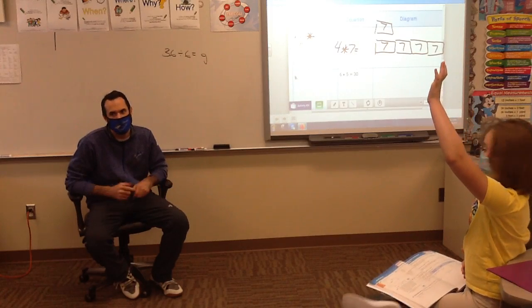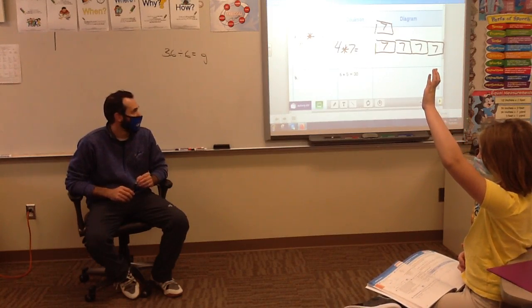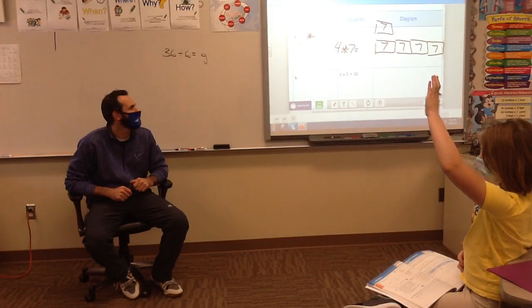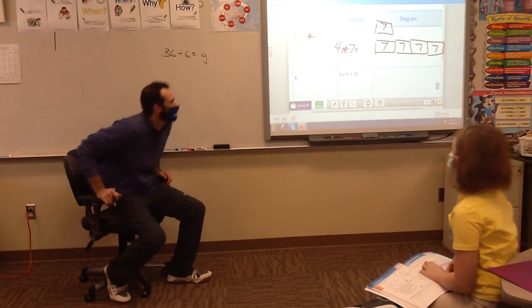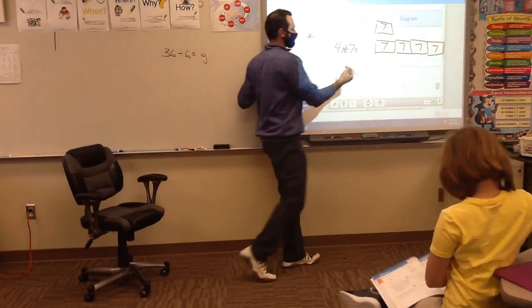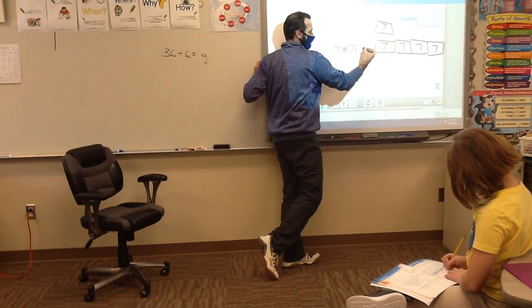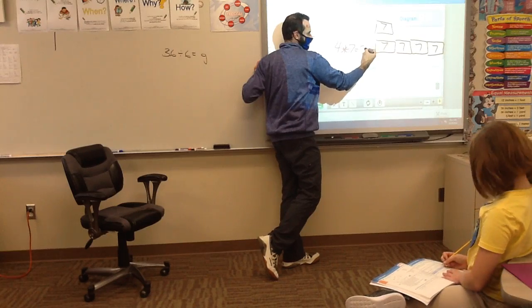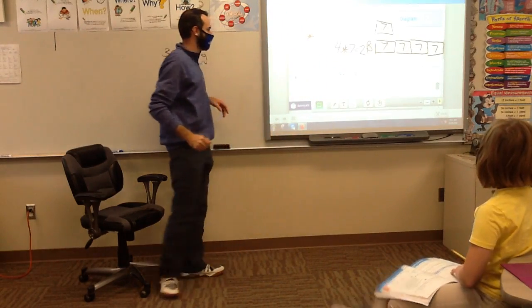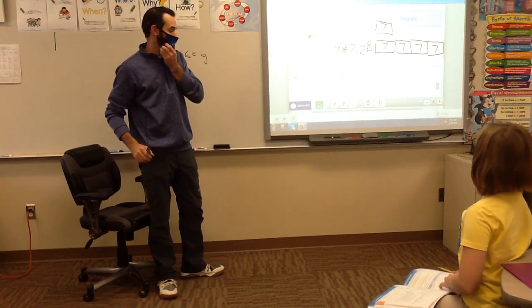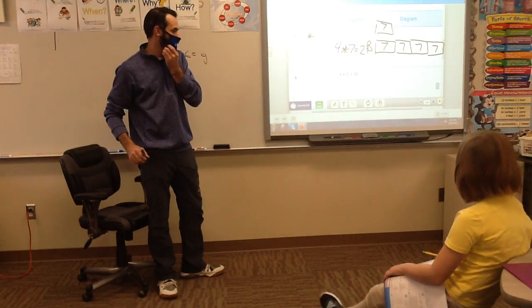Very good. 3 times 7, then add 7. Mine is similar, but I do 2 times 7 and then double it. That's a good way to do it. 2 times 7 is 14. Double it is 28. Excellent. That's an 8 on my dumb board. Looks like a B. Let's just pretend it's an 8.